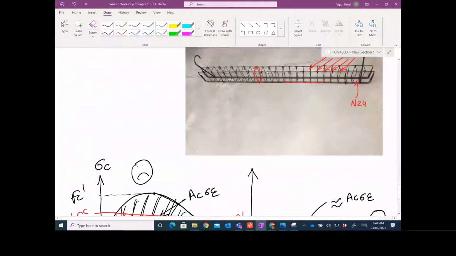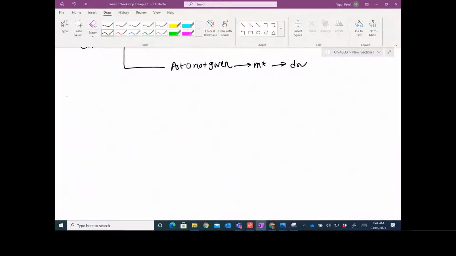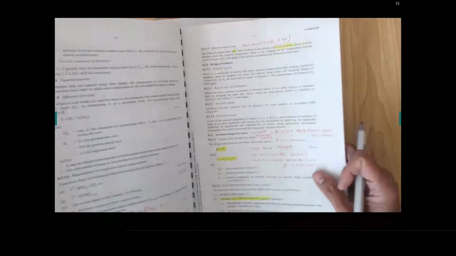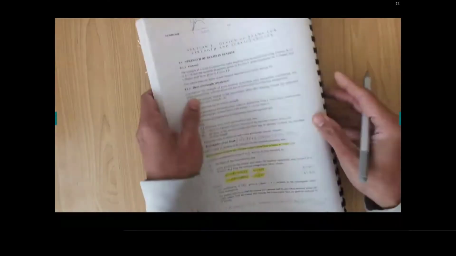Let's say the concrete stress is equal to alpha 2 FC dash. Now in that case, for alpha 2, go to the standard. This is the alpha 2.